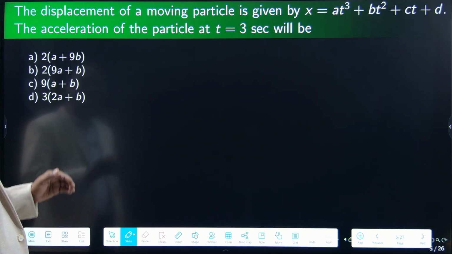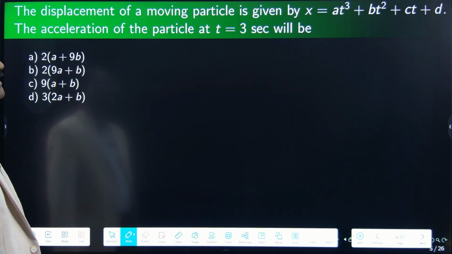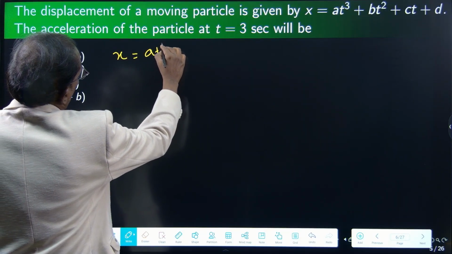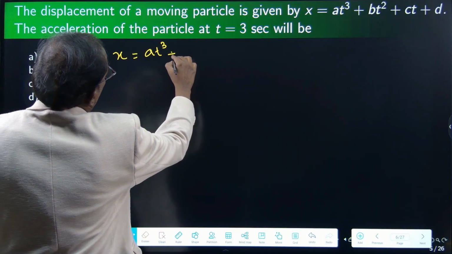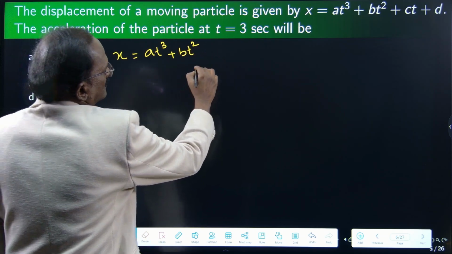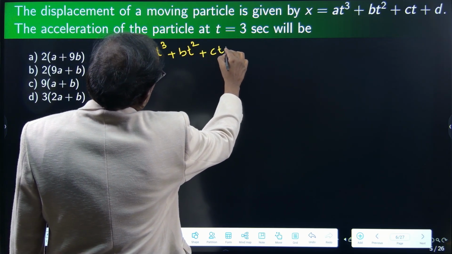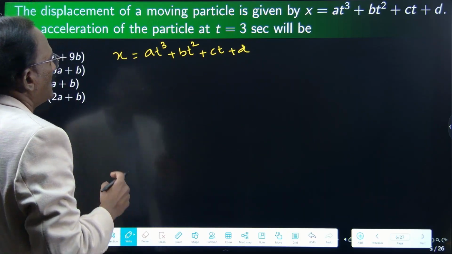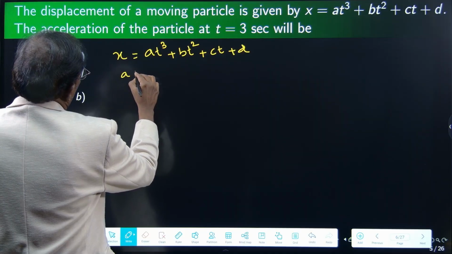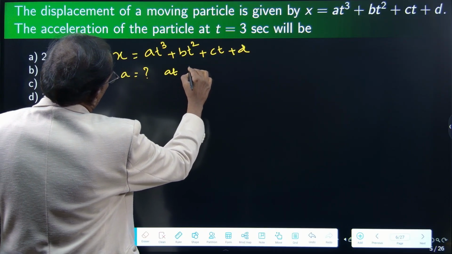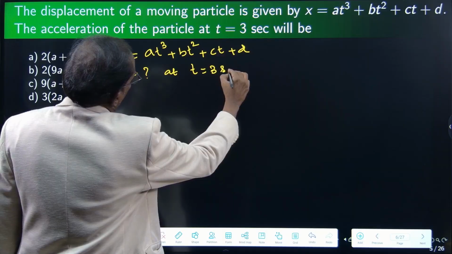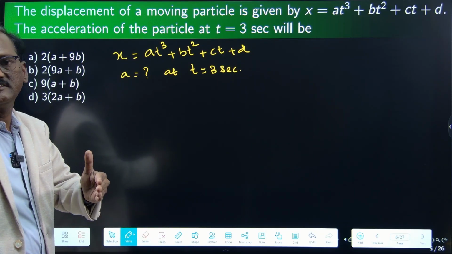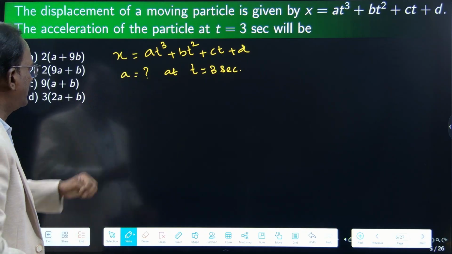Next problem. The displacement of a moving particle is given by x is equal to a t cube plus b t square plus c t plus d. The acceleration of the particle at t is equal to 3 seconds, a is what at t is equal to 3 seconds. So from x we have to go to v, from v we have to go to a.